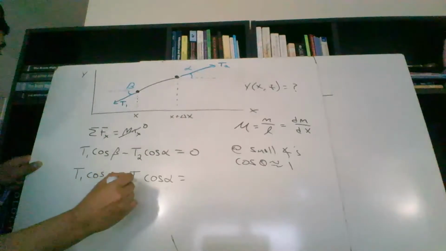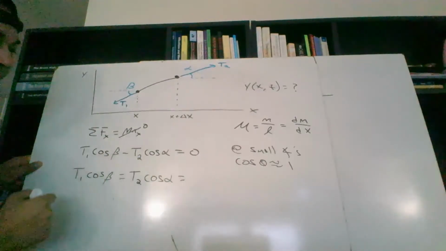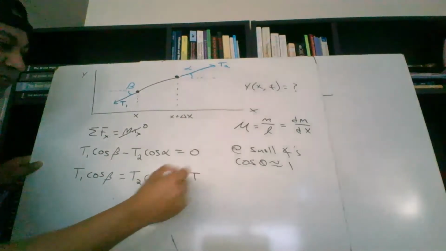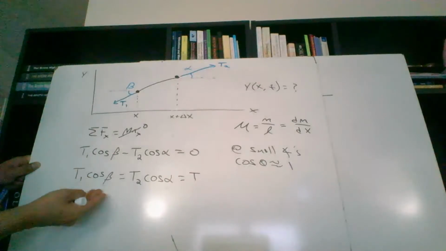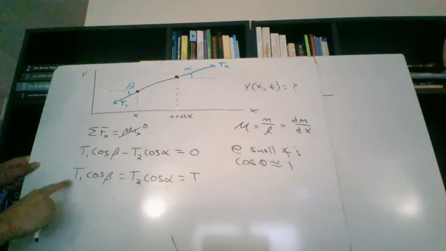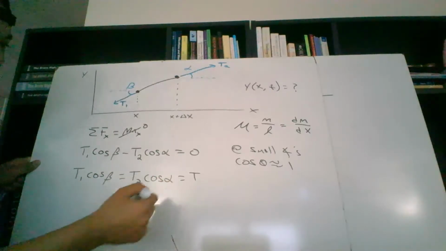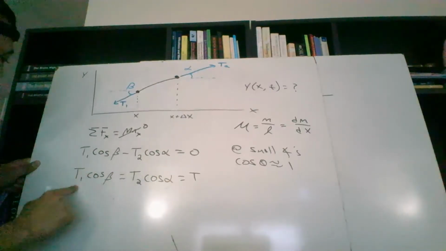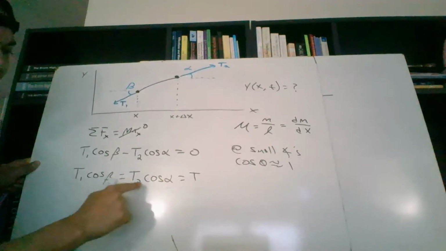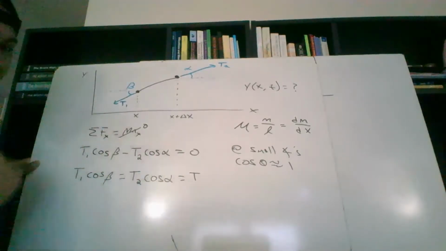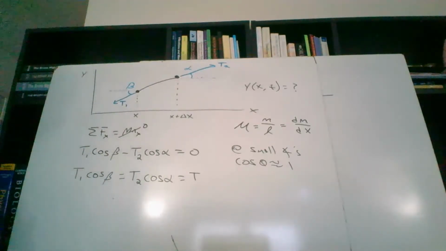So T1, T2, and then over here, we're just going to say it's T. Because if this is 1 and this is 1, then T1 has to equal T2, and we can just write the letter T. So T1 cosine beta is equal to T2 cosine alpha, which is going to equal T. So that is what we get in the x direction.